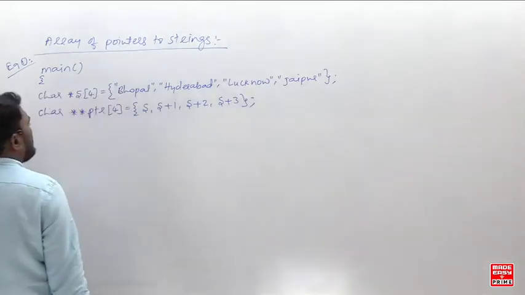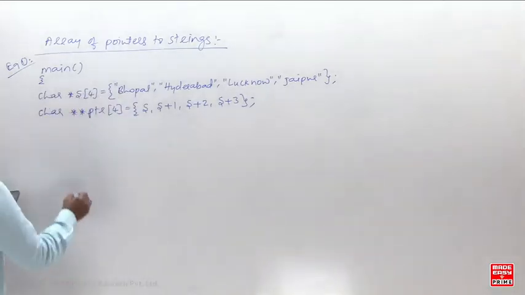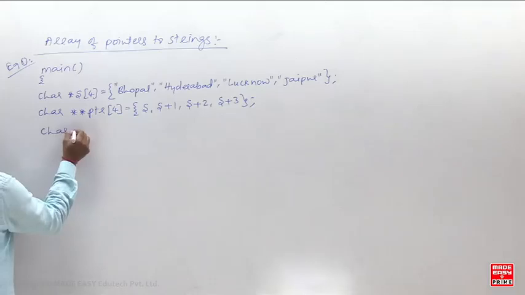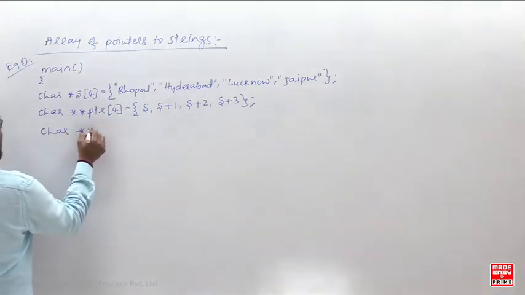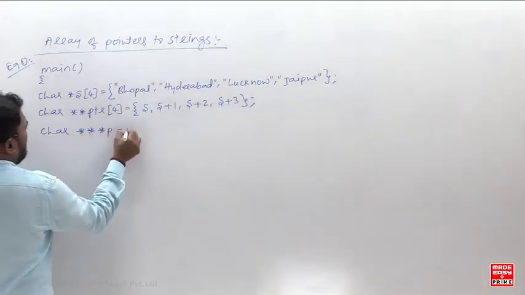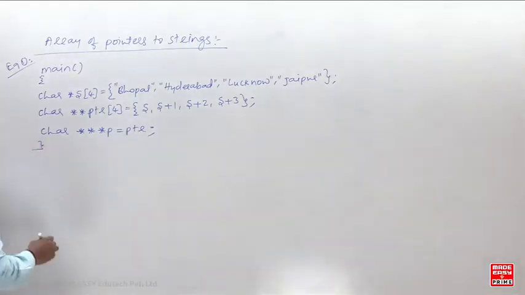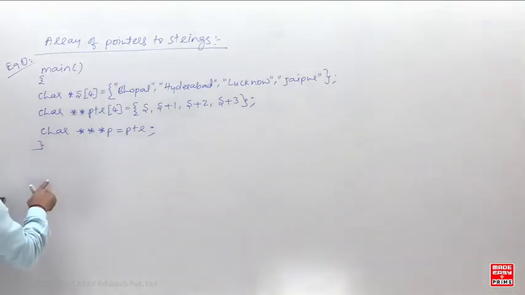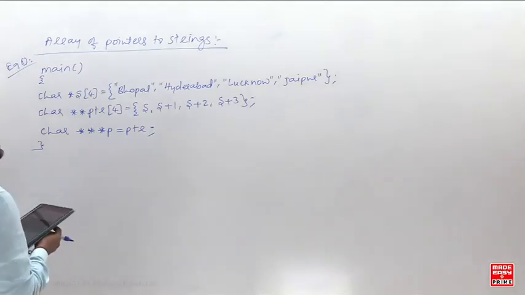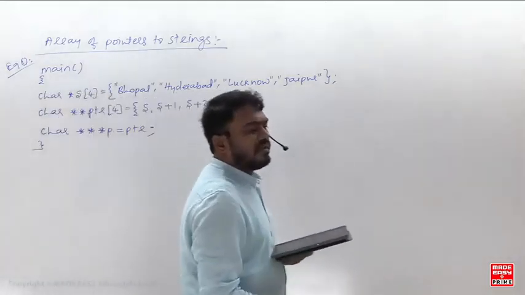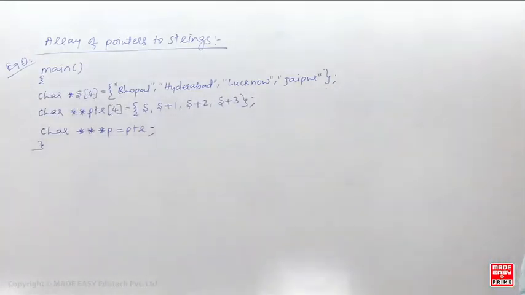If the string is given in double quotes, what is given? The base address is given. I told everything very clearly in yesterday's class. So copy this and simply make the diagram. I want only the diagram for this. Write the size of every character and everything properly in the diagram.